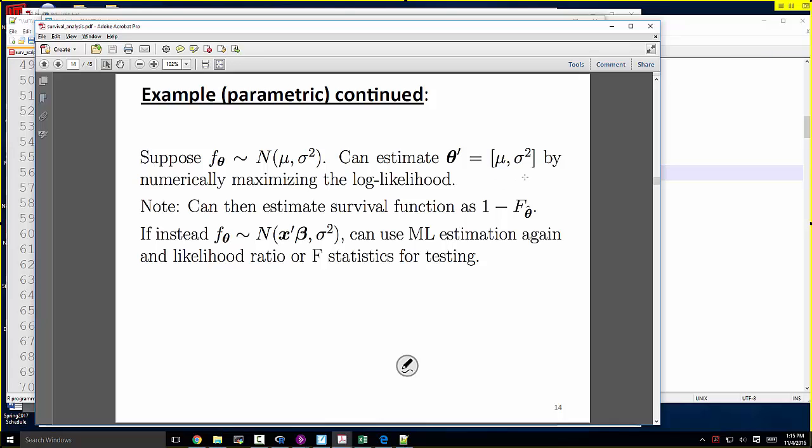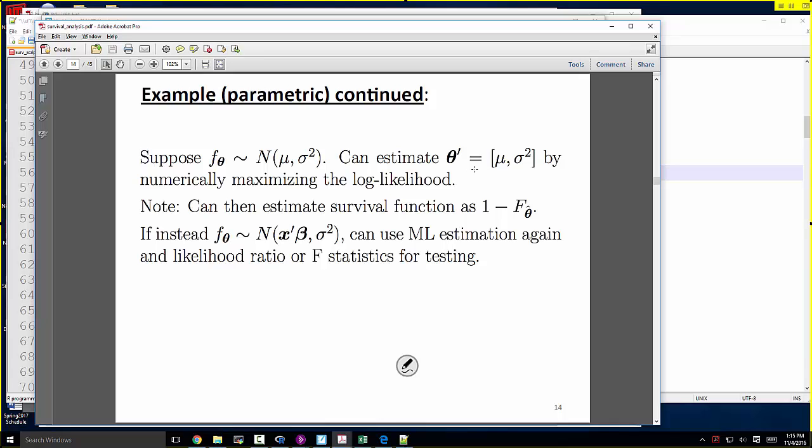Once you have that estimated, then the survival function is just estimated as a normal survival function, 1 minus the normal CDF, with estimated parameters that we got by maximizing the likelihood.